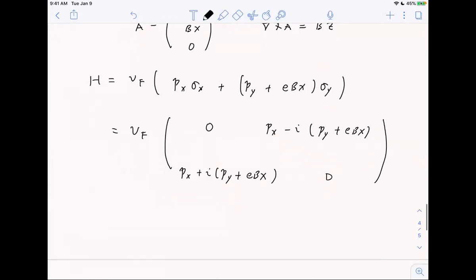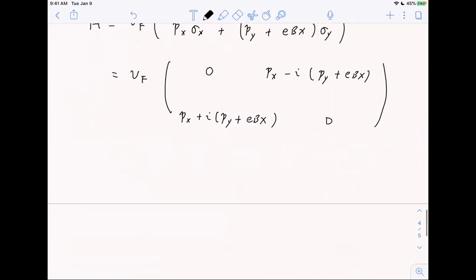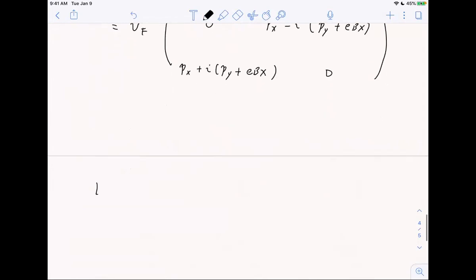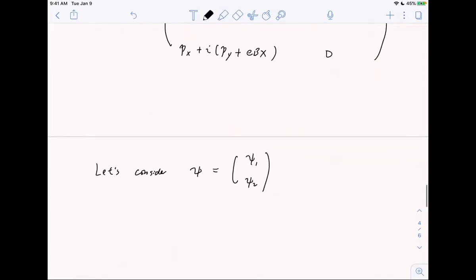Okay, eBx. Then let's consider this function has two components, psi 1 and psi 2, and the Hamiltonian of this equals this.